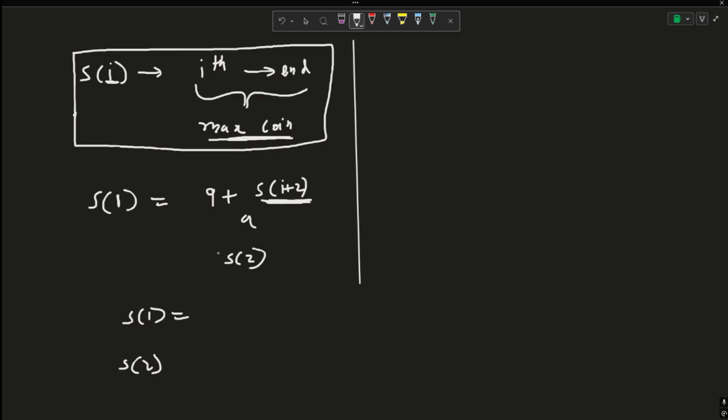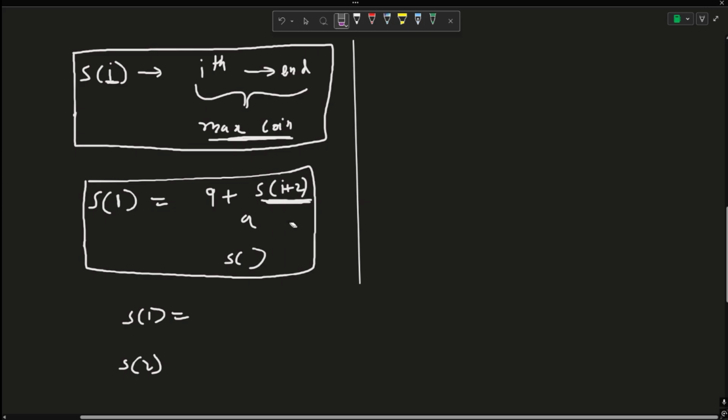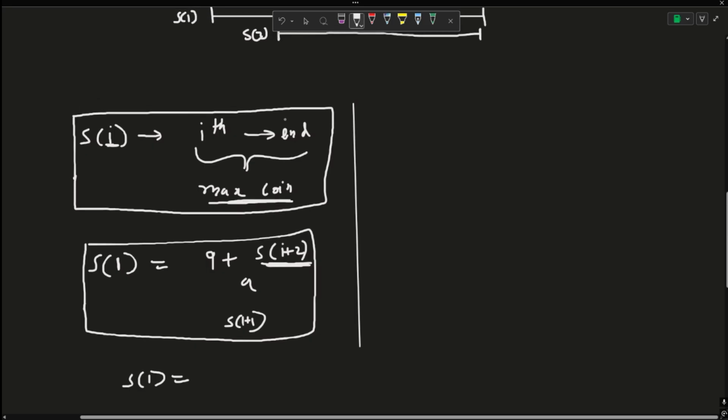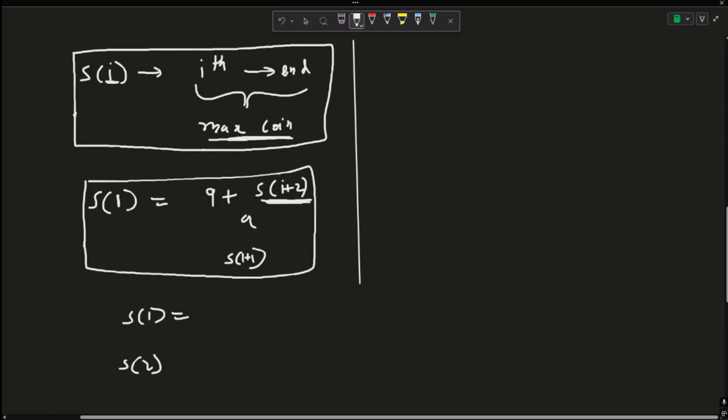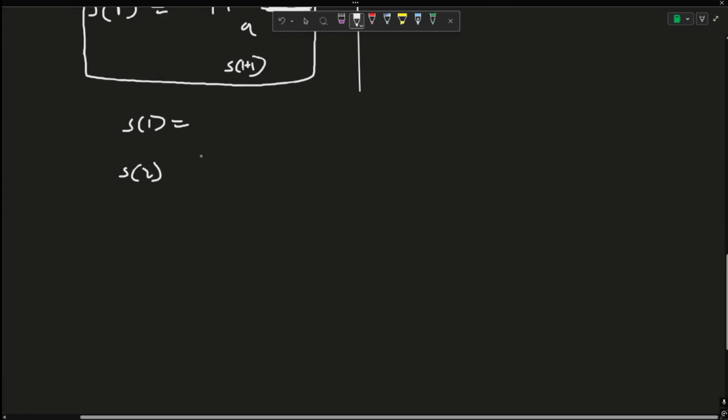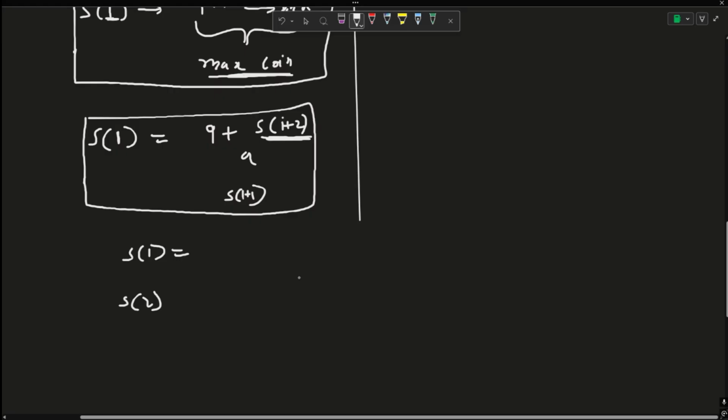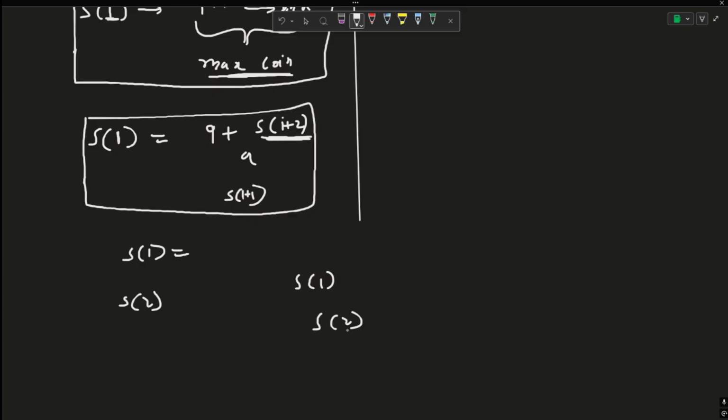When we write this, passing I plus 2 and I plus 1, we are building this true, false criteria inside the I. What I mean by this is, if you are calculating S1, you are only calculating S2 because S0 was asking for S2.